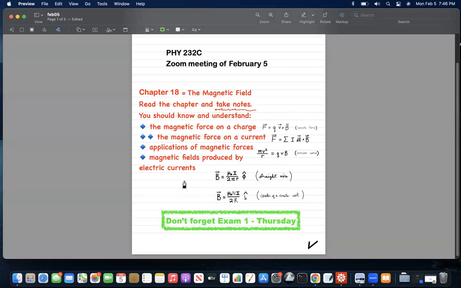We'll kind of condense them down into one page front and back for 4 chapters, so chapters 15, 16, 17, 18.